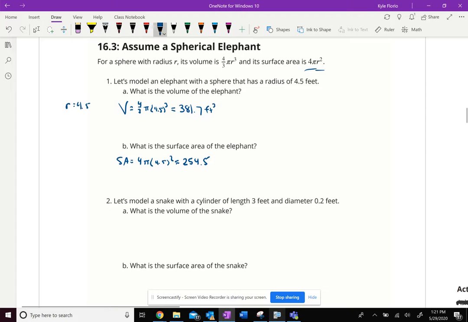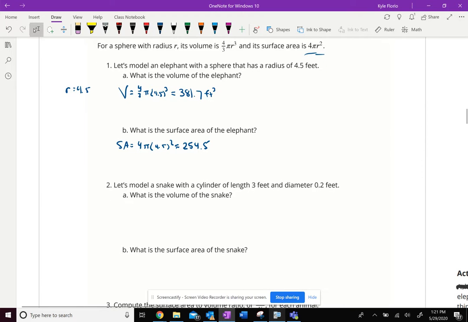Okay. Let's model a snake with a cylinder now. So we have a snake, and here's my snake. It's the shape of a cylinder. Close enough. The length is 3, and the diameter is 0.2. So that means the radius is half of that, which would be 0.1. So the volume is going to be the area of the base. The base is a circle, so pi r squared times the height.